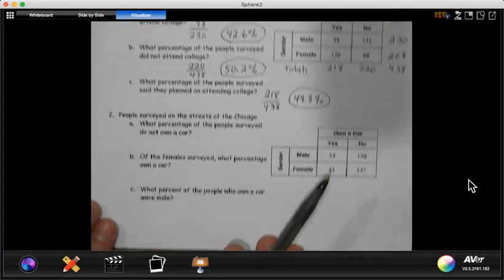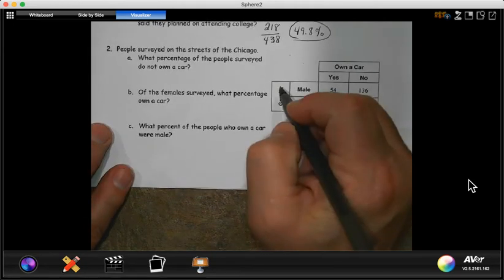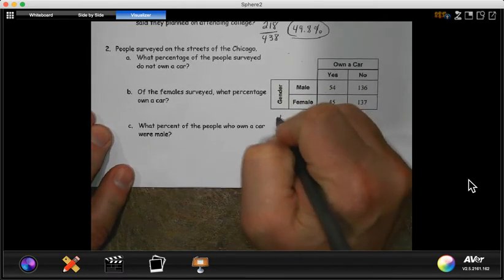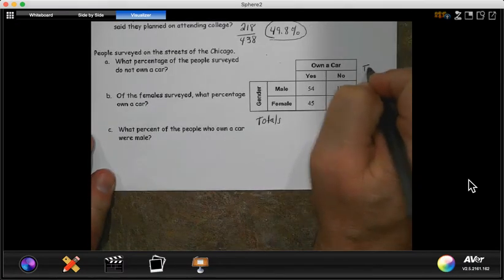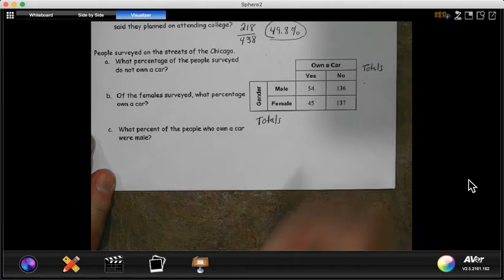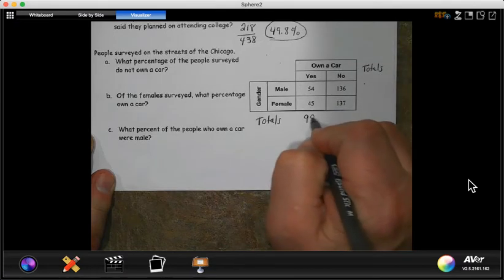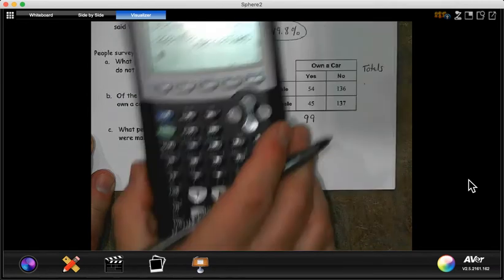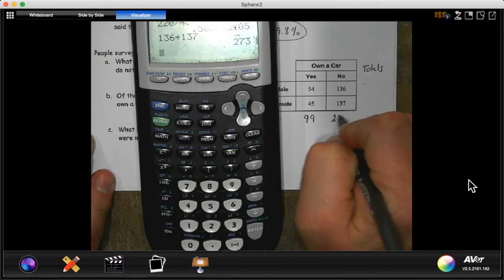Let's do another one. Let's get our totals. That's called the marginal frequencies. I just call them the totals. So let's see if we can add in our head. That's 99, 136 plus 137. Not so easy. 136 plus 137, 273.